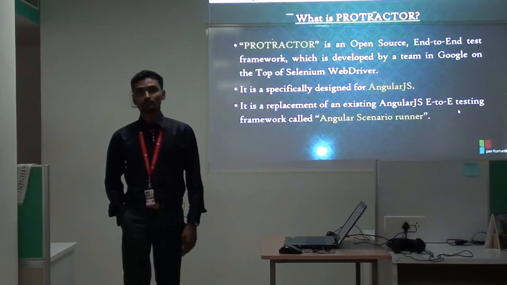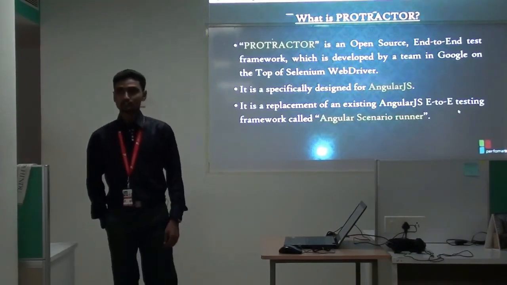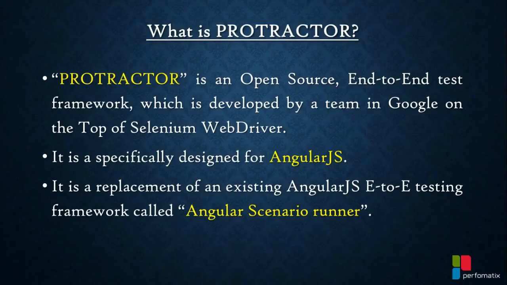Before this Protractor, we used one tool called Angular Scenario Runner. It's again specific for Angular applications to do end-to-end testing. When we faced some issues with that tool, the Angular team replaced it with this new Protractor tool.